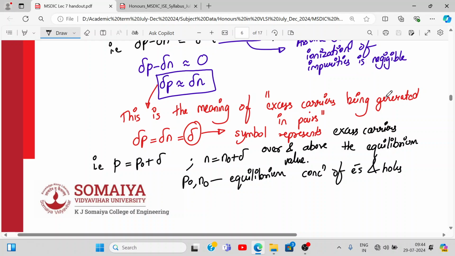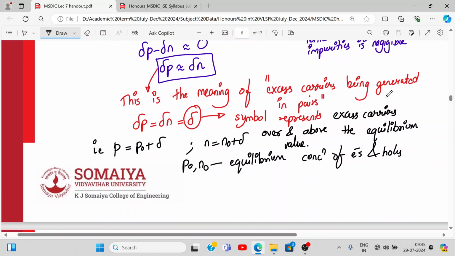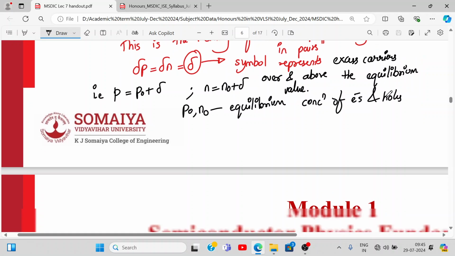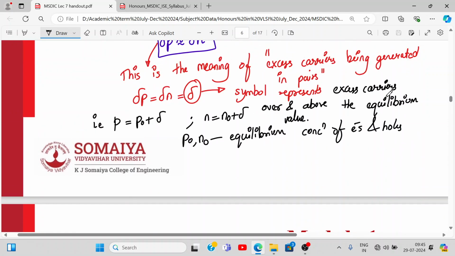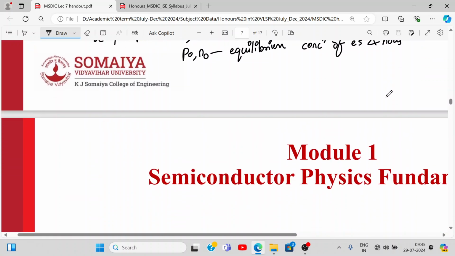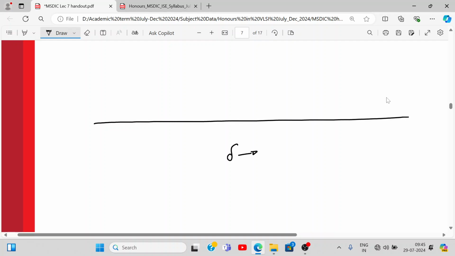Now we'll divide the excess carriers into three levels. Okay, the x-axis now will be in log scale. So draw it along with me. This is representing excess carriers. This is a log scale, meaning you can fit large magnitudes.